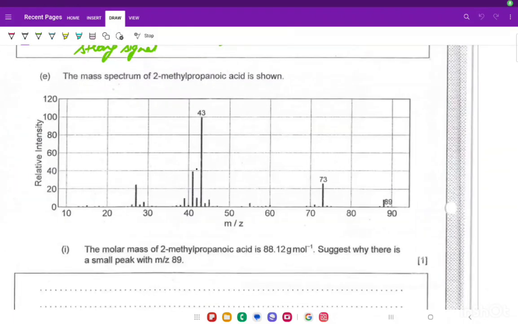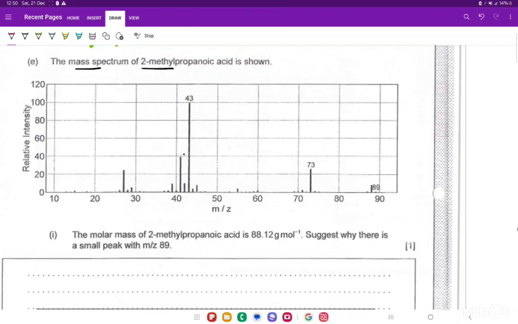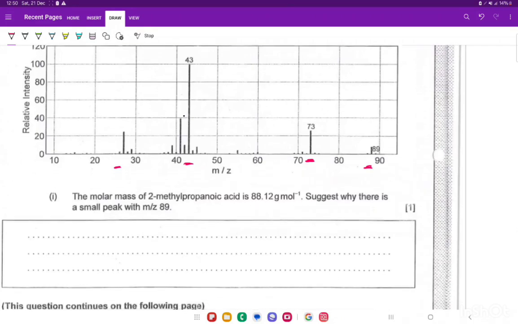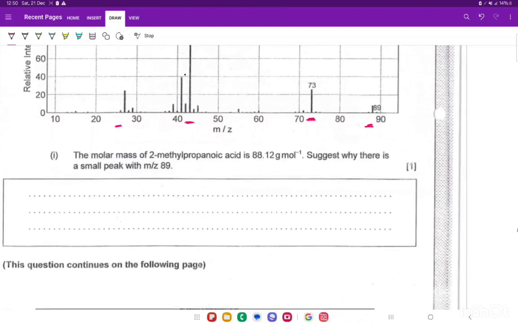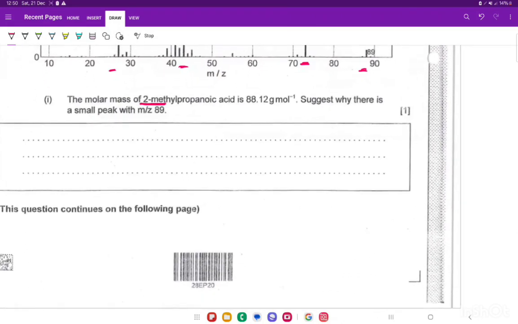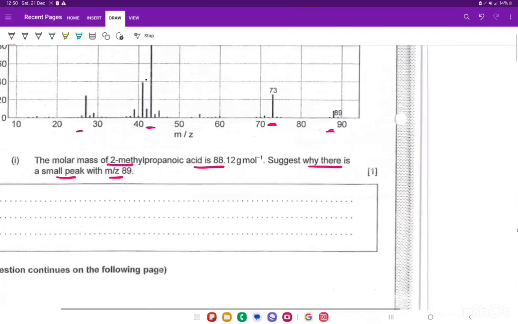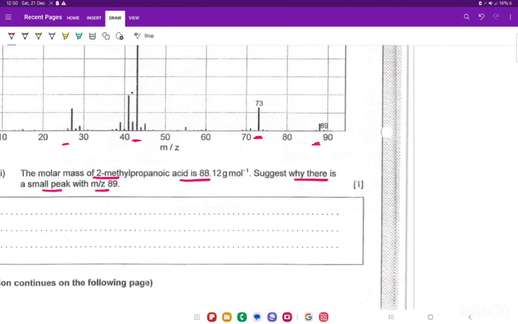Now the next part says the mass spectrum is given to us of 2-methyl propanoic acid. There are 3 lines and one more here, so 4. At about 89 there is one m/z peak. The question is, the molar mass of 2-methyl propanoic acid is 88.12, suggest why there is a small peak at M plus 1, 89.